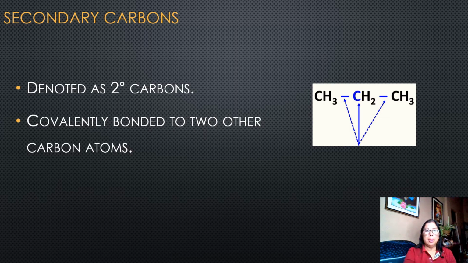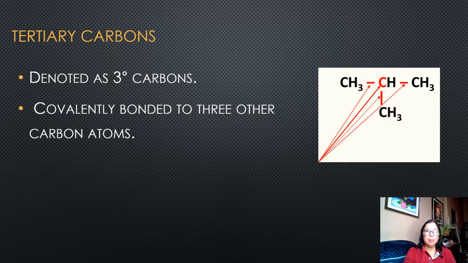And then you have the secondary carbons. The secondary carbons are denoted by two carbons attached to such carbon. This is a carbon attached to one, two carbons. You will come to know the formula eventually later on. Don't be excited. And then for the tertiary, one carbon is attached to three carbons. You have the one, two, three carbons.